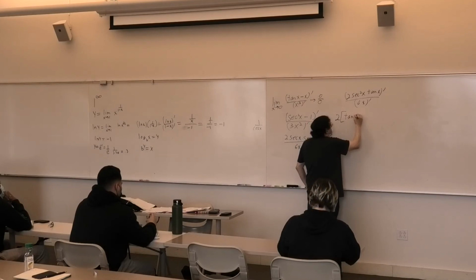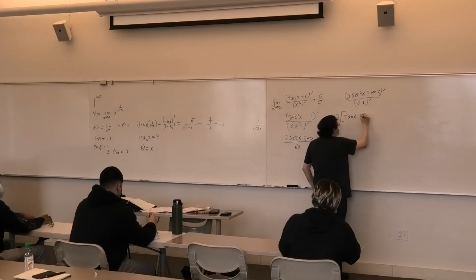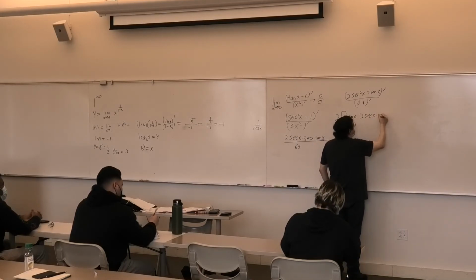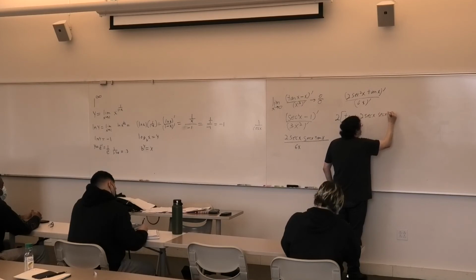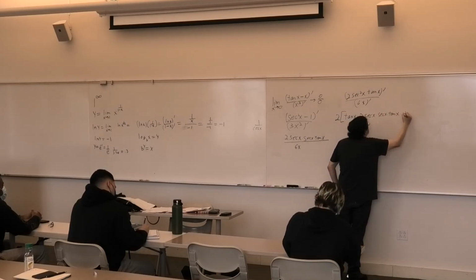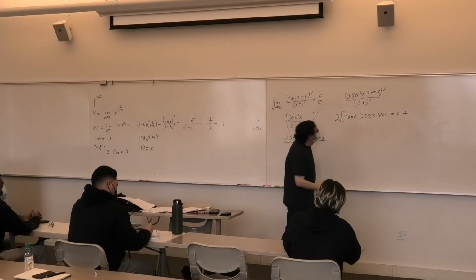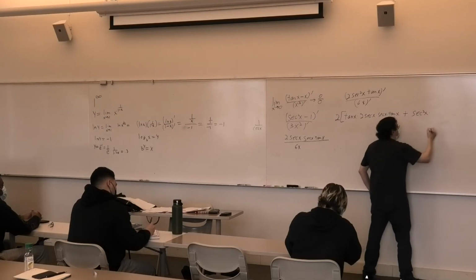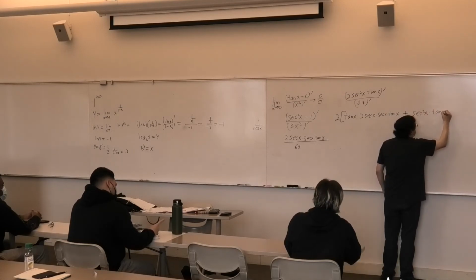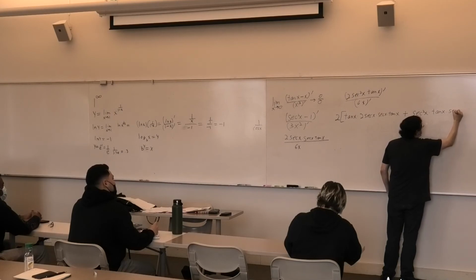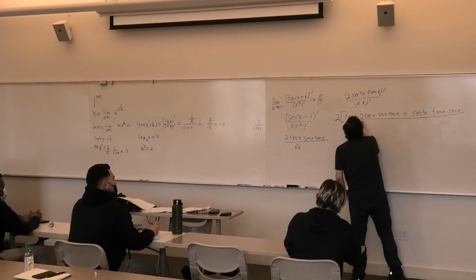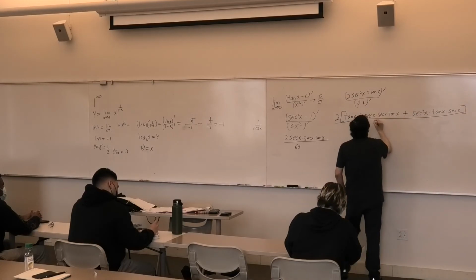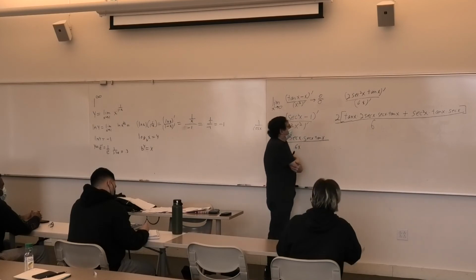So tangent of x times derivative of the secant of x, 2 secant of x times derivative of the secant of x, which is secant of x times tangent of x, plus secant squared x times the derivative of the tangent, which is the tangent times the secant of x. Okay, over 6. Oh boy.